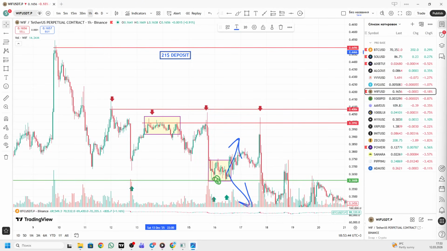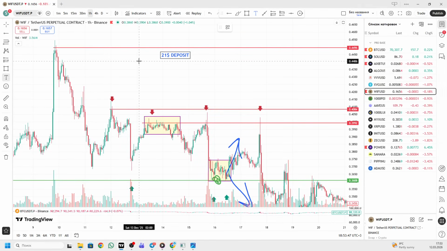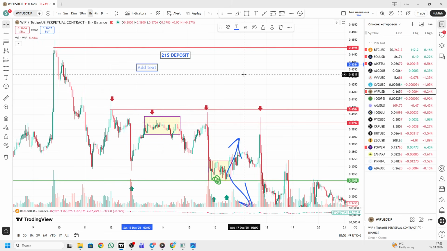So I want to write down this also in order for you to have it. Let's write it like this. 1.6%, this is your stop loss. It is 50%, let's say, of your deposit, right?